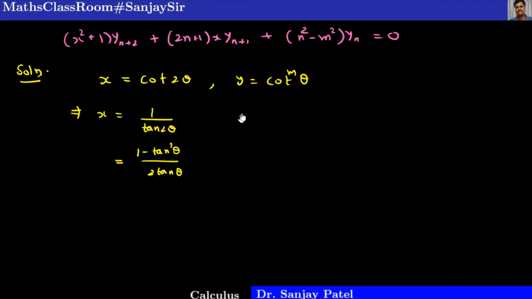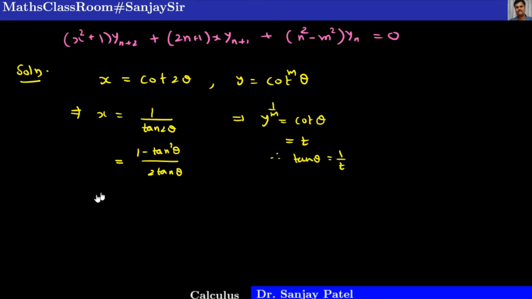Here, for y is equal to cot raised to m theta, let us take 1 upon mth power on both the sides. So we can write y raised to 1 upon m is equal to cot theta. Let us call this t just for simplicity. So cot theta is t, so tan theta is 1 upon t.